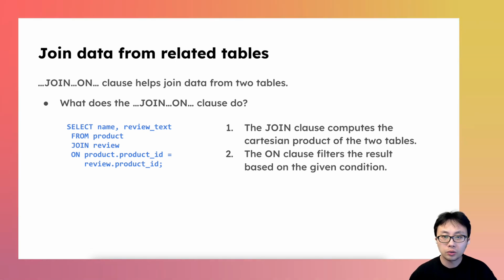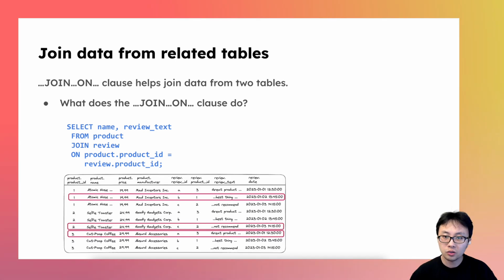So what does the on clause do next? The on clause applies the filtering condition to the Cartesian product and only picks the rows in which product.productId is equal to review.productId. In short, the on clause picks the rows where the mapping between a review and a product makes sense.